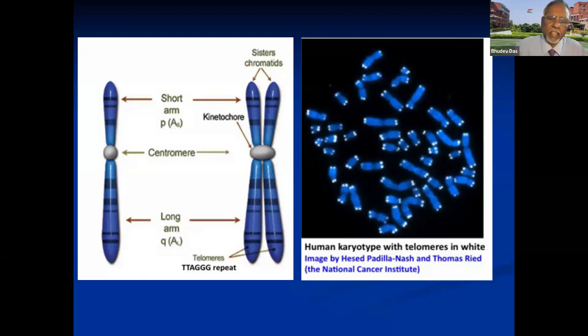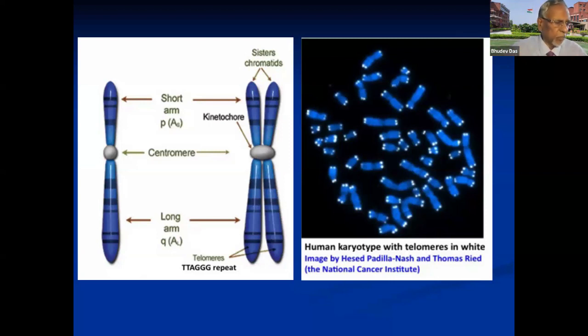It is a repetitive sequence, TTAGGG, a hexanucleotide repeat. So this is repetitive DNA, or heterochromatic DNA. This cap does not allow fusion with other chromosomes. It protects the integrity and stability of the chromosome, prevents chromosomal degradation and all this. So genomic integrity is protected by this.